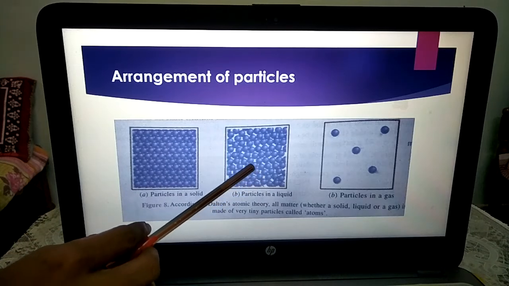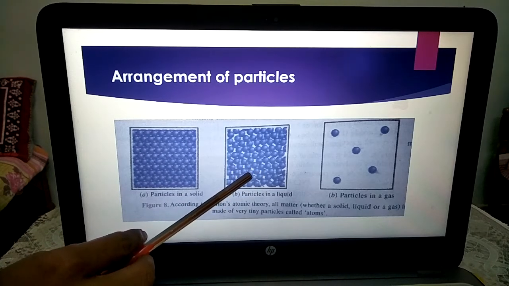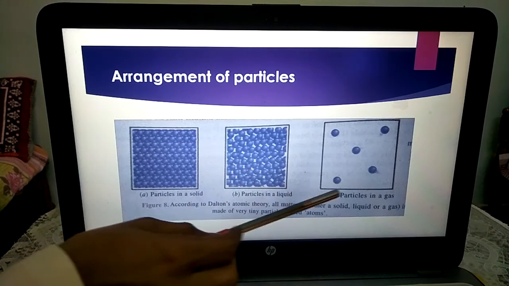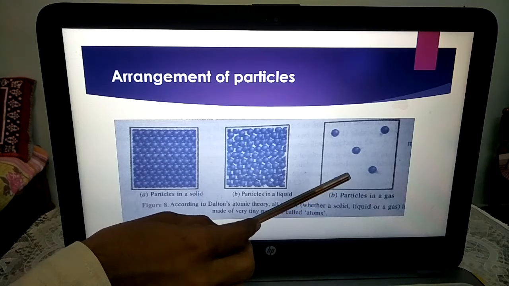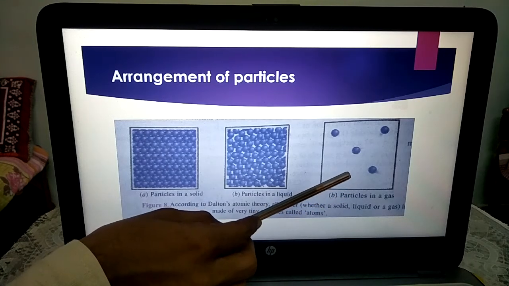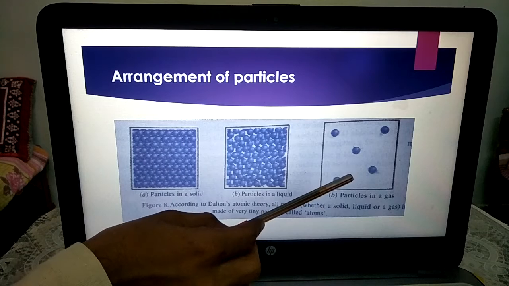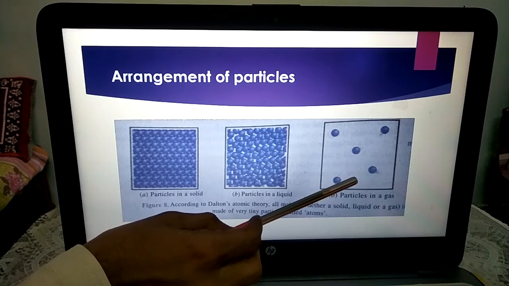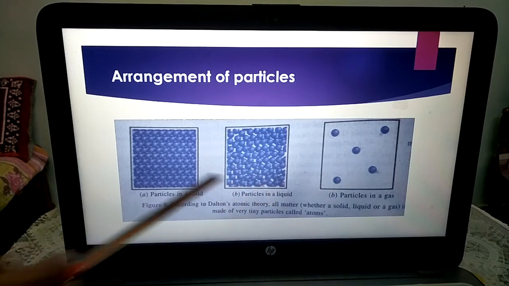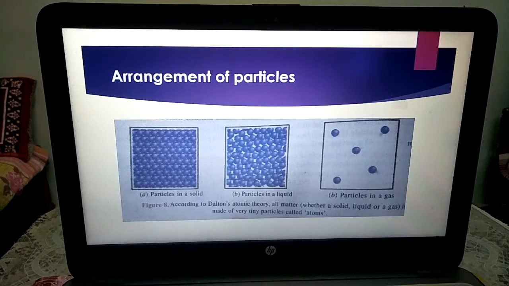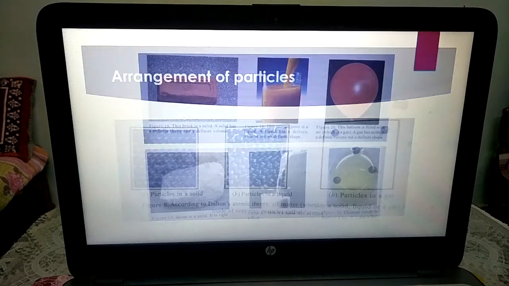Other particles of liquid can also enter between them. Now particles of gas are very loosened. They are in a very loose state. So gas can mix easily with anything as compared to solids and liquids.